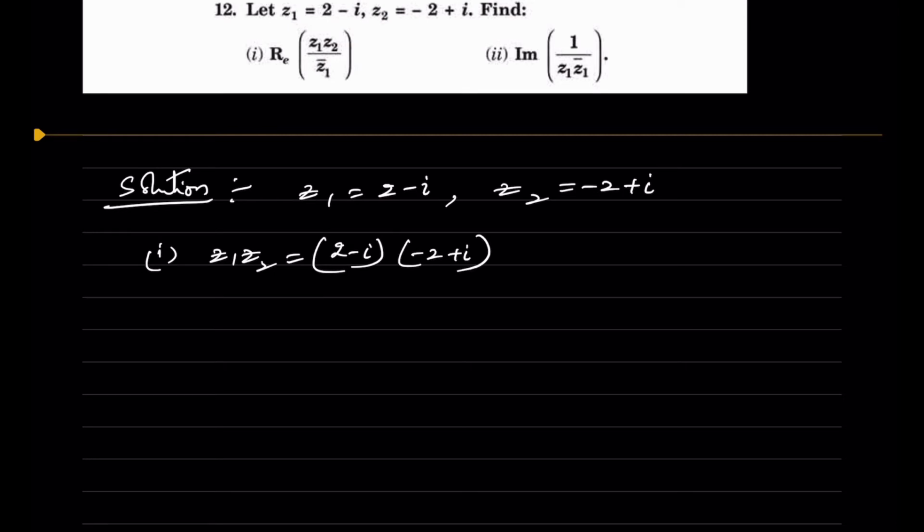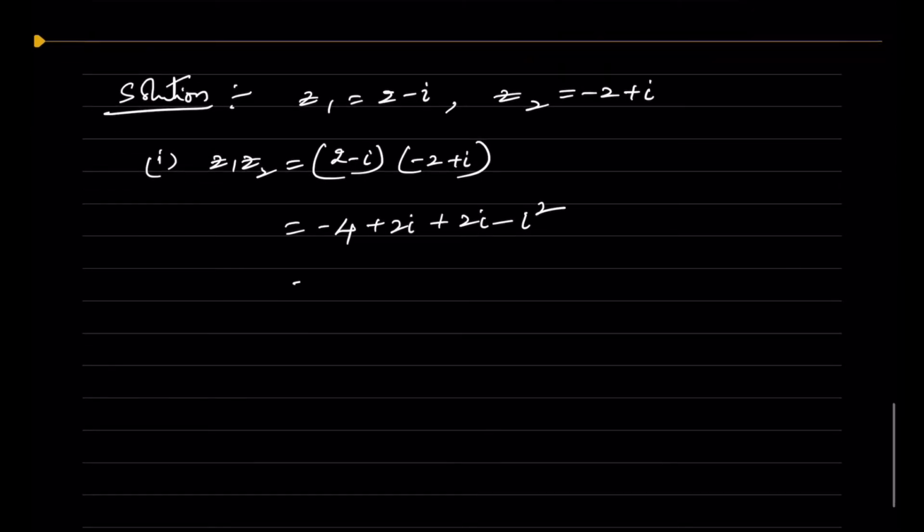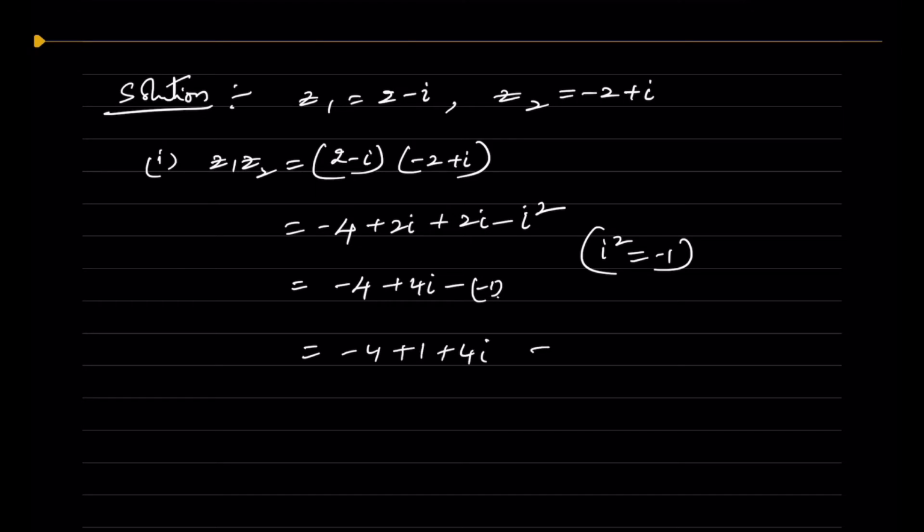So this is equal to -4 + 2i + 2i - i². Which is equal to -4 + 4i - i². This is i square, isn't it? Minus of minus 1, since i square is equal to -1. So this is equal to -4 + 1 + 4i, which is equal to -3 + 4i.